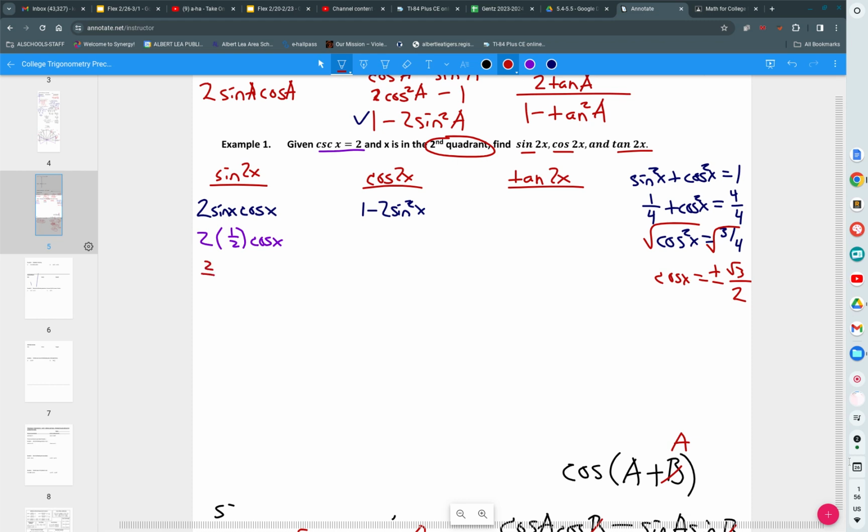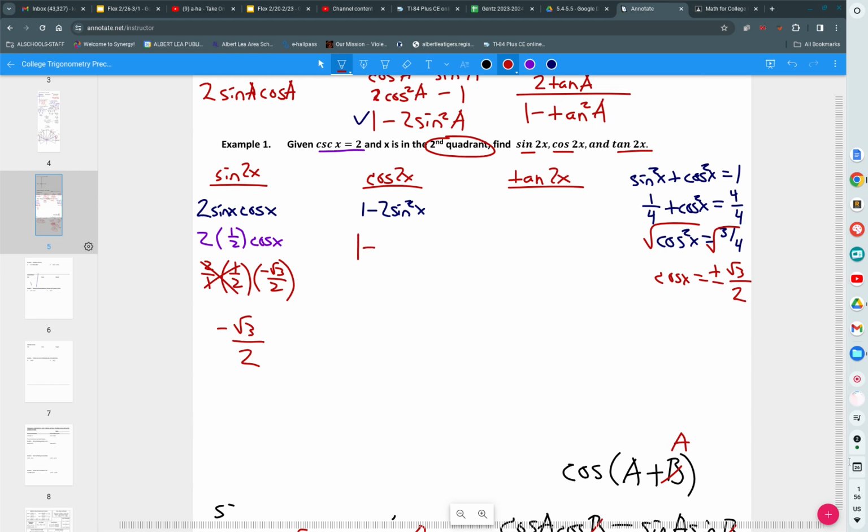So I have 2 over 1 times 1 over 2 times negative root of 3 over 2. Notice that the 2's cancel, and I'm just left with negative root of 3 over 2. That's the hardest part.